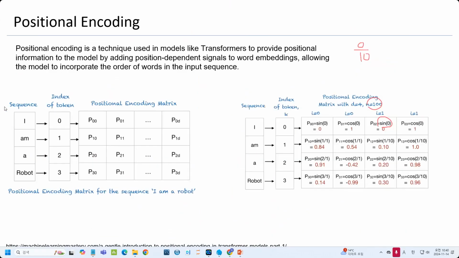So we have 0 divided by 10, where 0 is the index and 10 is the division based on d model and n.